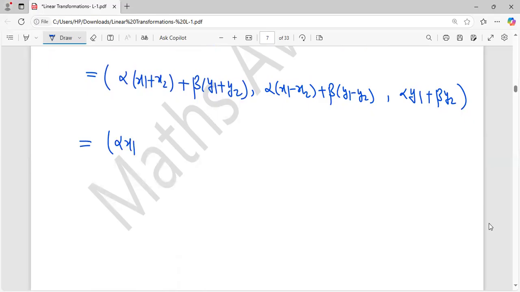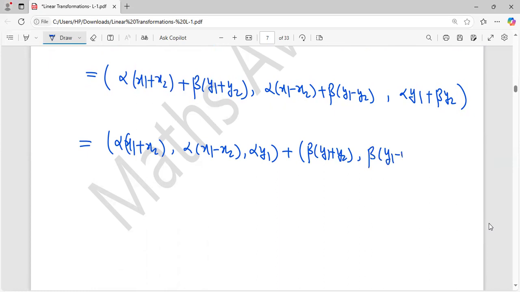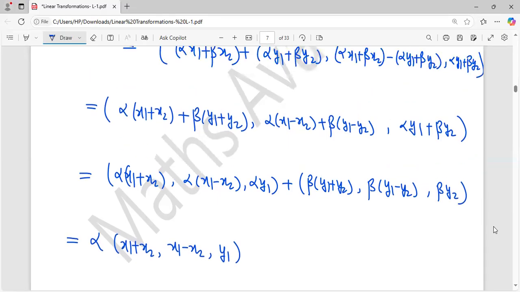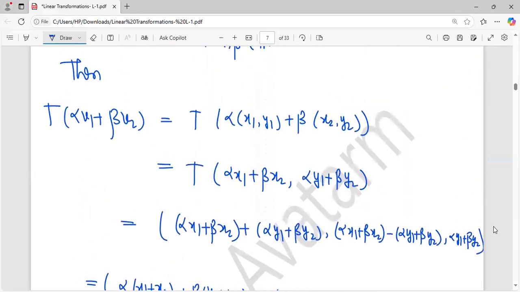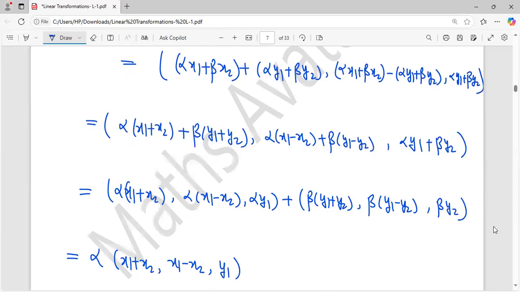Alpha x1 minus x2, alpha y1, beta y1 plus y2, beta y2. Sorry.